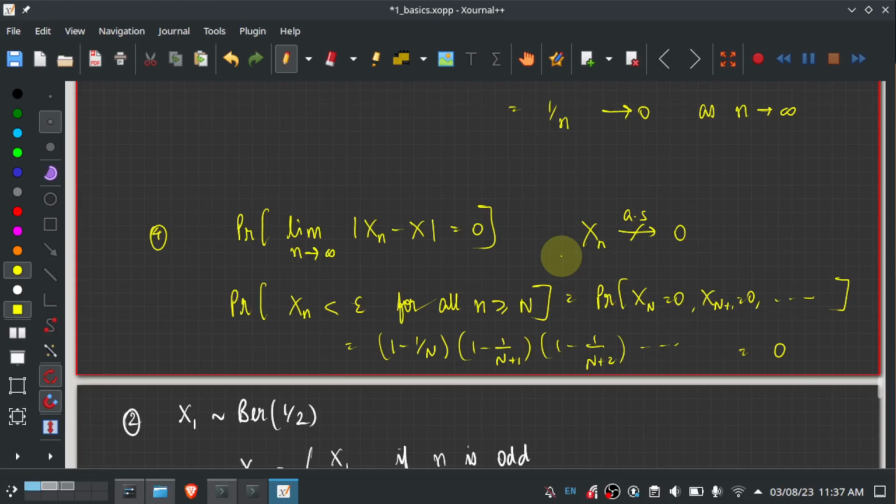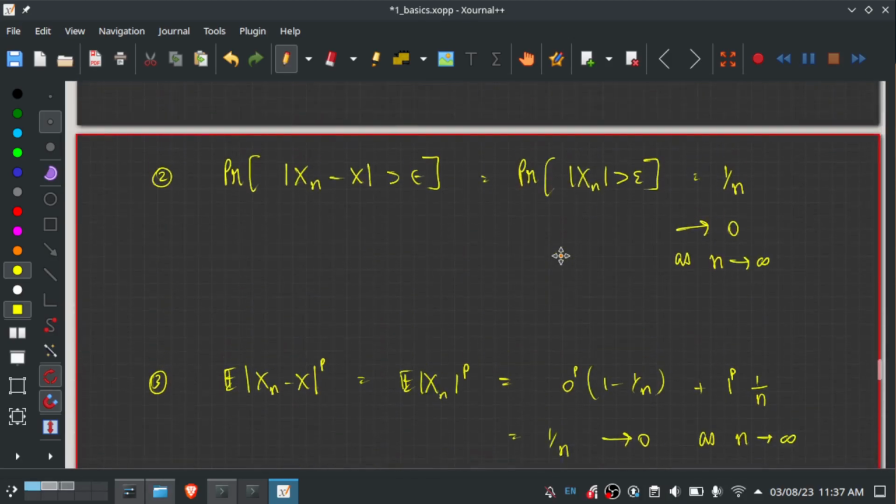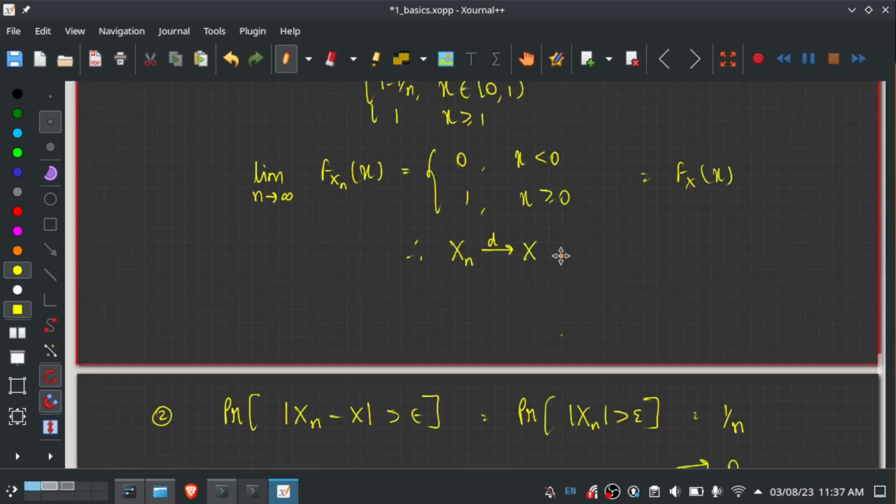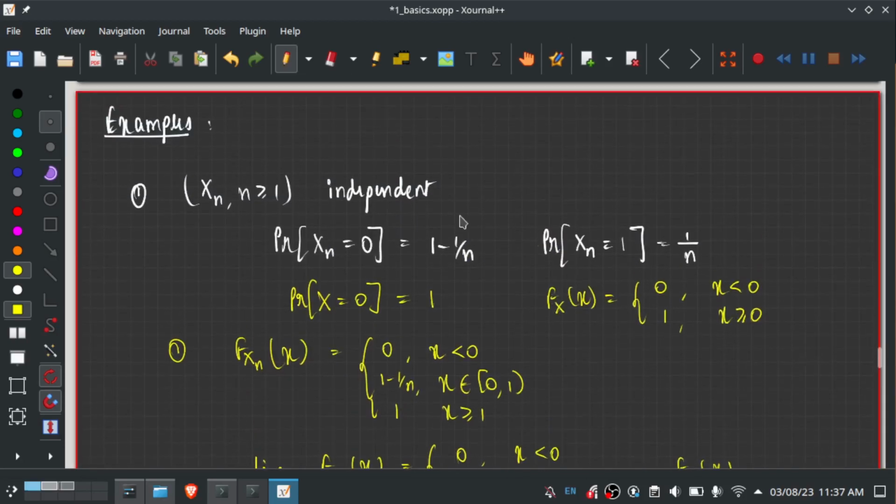Okay, but now suppose that I had modified this just a little bit. Here I said that xn equal to 0 with probability 1 minus 1 by n. What if I made the probability that xn equal to 1 to be, let's say, e to the minus n?